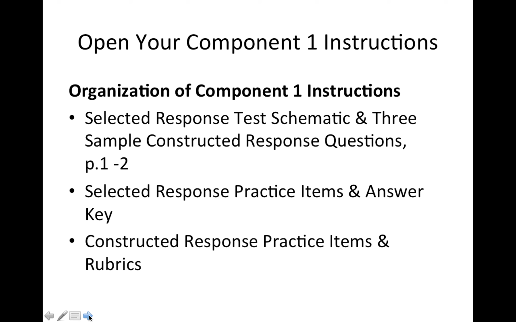Down below that, you will find 3 sample constructed response questions. Those are the topics of your 3 constructed response questions. Followed by that, you will see selected sample response items and answer keys, and then below that, you will find a sample for each constructed response question and rubrics.